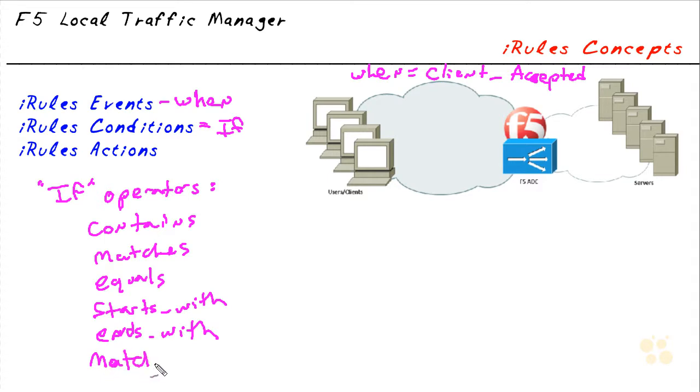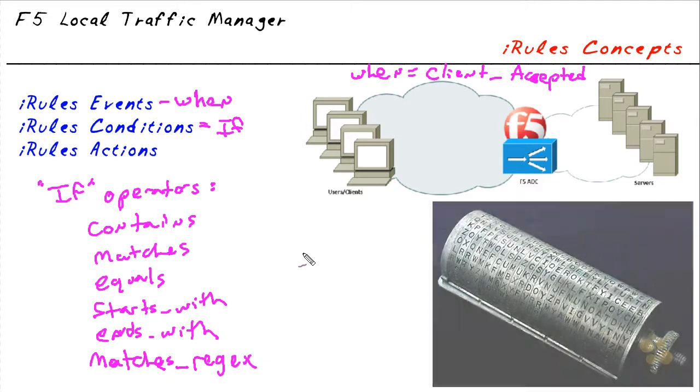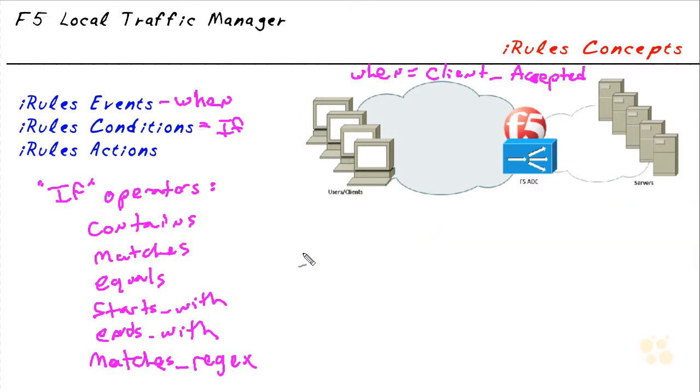So matches regex, regular expressions that I use in there, and I can also use logical operators: not, and, or. That gives me a lot of combinations, where I can say, for example, contains the word text and ends with .html, whatever I'm getting into. Again, looking at what it is that I'm matching that I want to do something with.